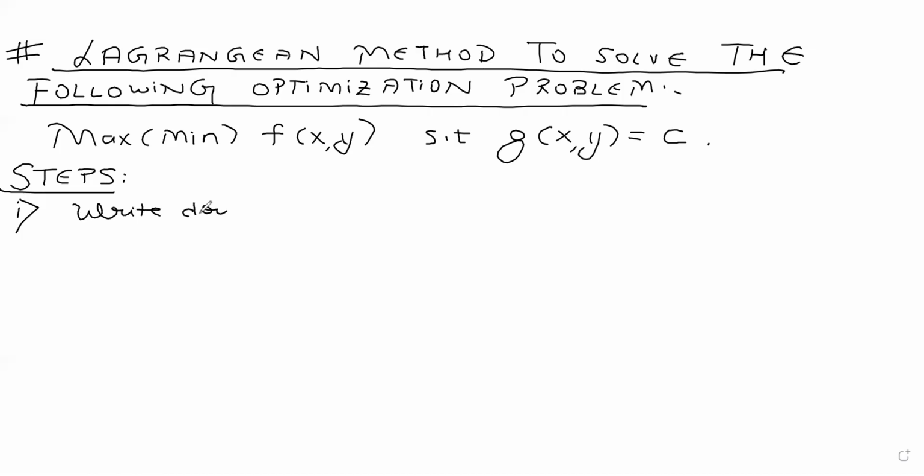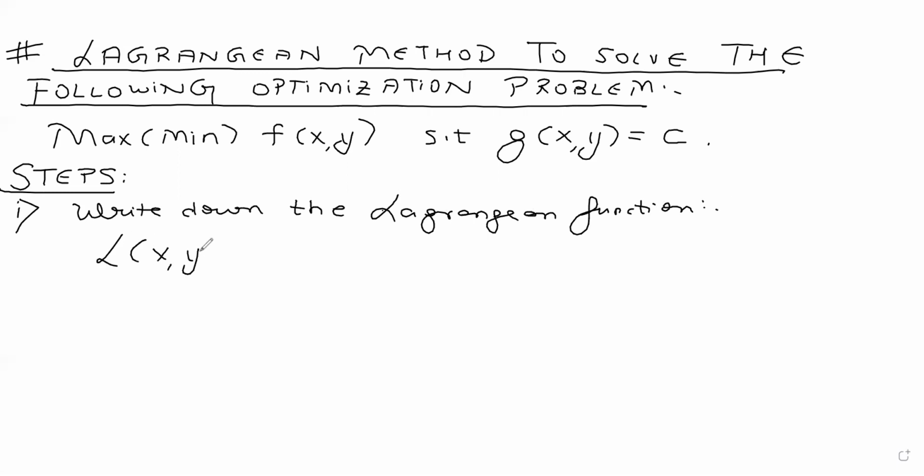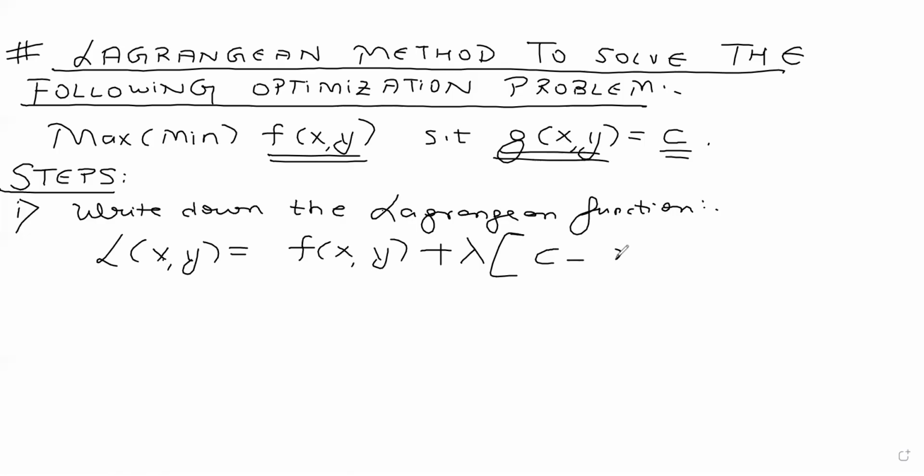Write down the Lagrangian function, which is L of xy equals my objective function f of xy plus lambda times the constant c minus the constraint function g of xy. This is my step number 1 towards solving the optimization problem using the Lagrangian method. You simply define the Lagrange function, okay, where lambda is a constant.